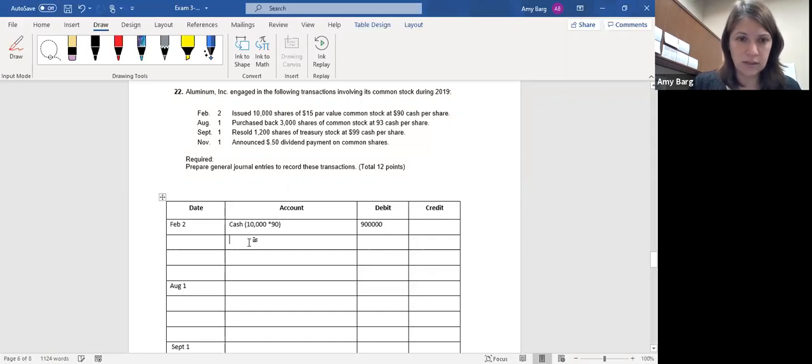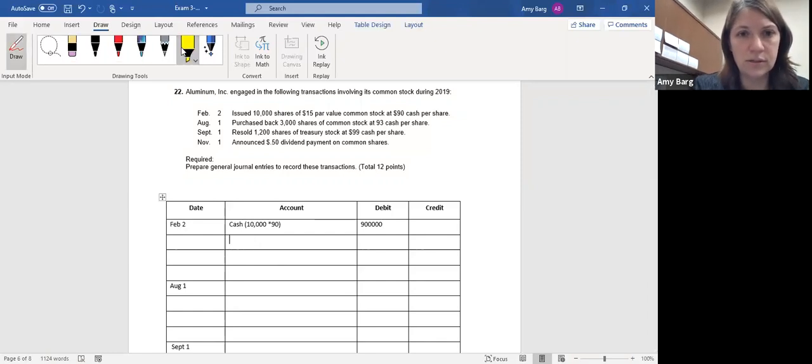And it told us about the 10,000, it told us about 90. And it also tells us that there's $15 par value. The par value is the legal amount that you can sell it for, right? So that's like the legal minimum amount that the company has to keep on hand for that stock.